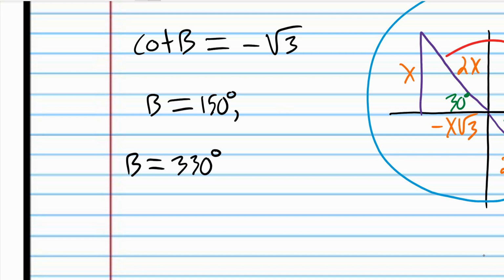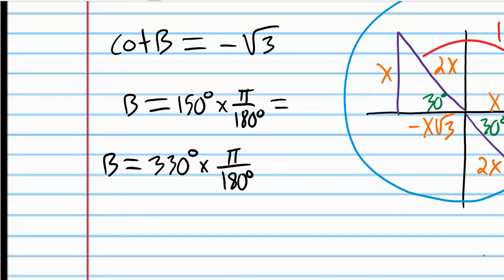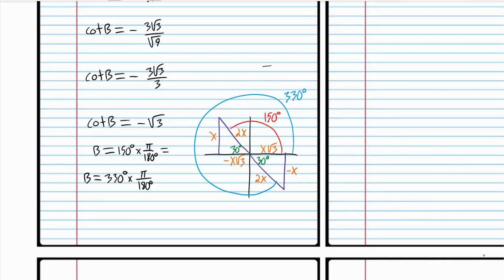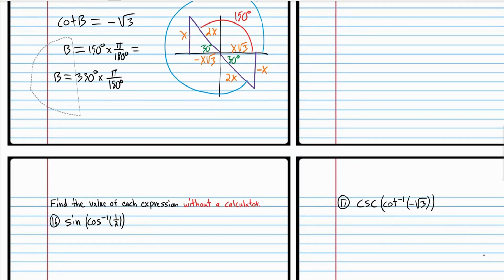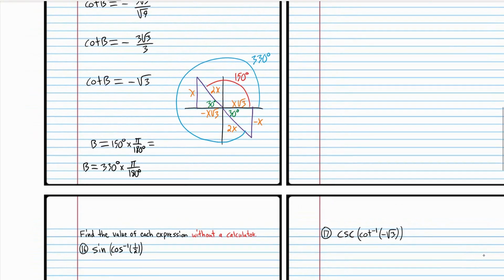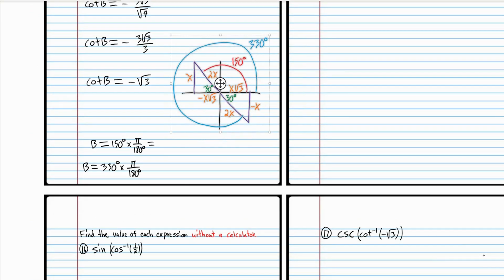So I'm going to multiply by pi over 180 degrees so we can convert to radians. And then we're going to have to reduce the fractions. I can write these down a little lower. So all we have to do is reduce those fractions, and then we'll be done with this problem.